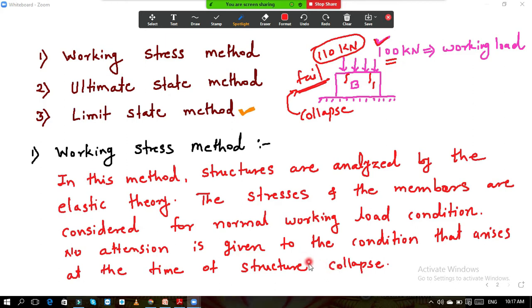Now I hope you understood what the working load and working stress method are, and why this method is not used. This method is not used because they have not provided any attention towards the collapse of the structure, or towards the condition when it comes to collapse. So this is the brief information about the working stress method.